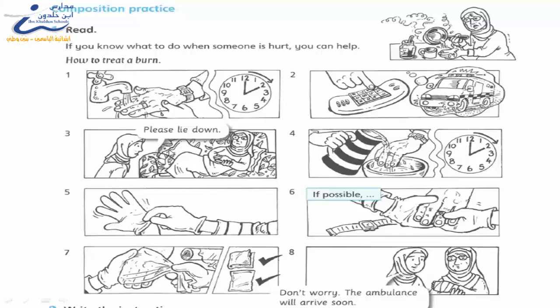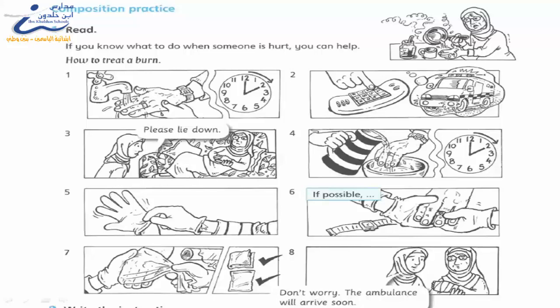Number 3, she says, please lay down. 4, again, she is pouring water on the burn for 10 minutes.